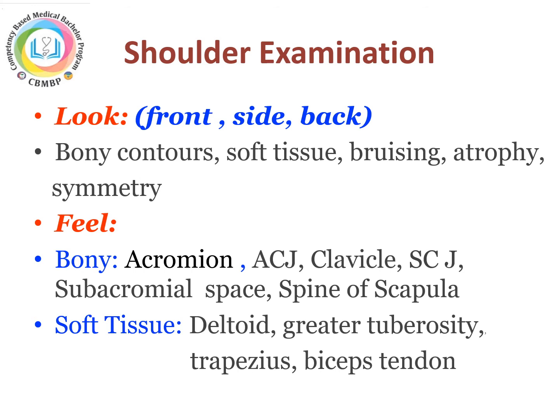As regards the palpation of the joint, you should palpate the bony structures of the joint: the acromion, acromioclavicular joints, the clavicle, the sternoclavicular joints, subacromial space, spine of the scapula.